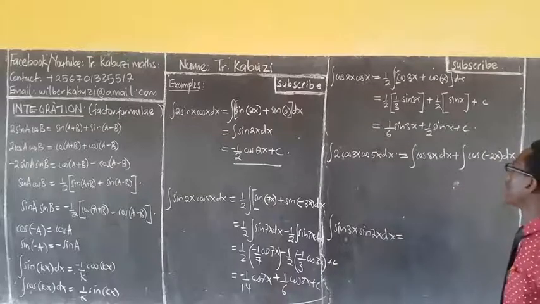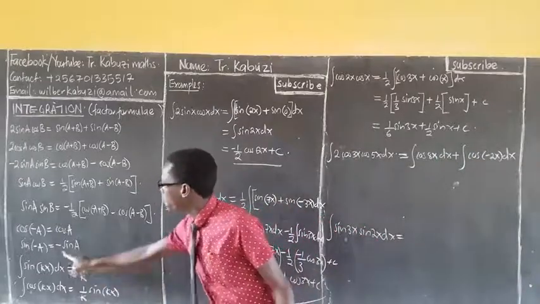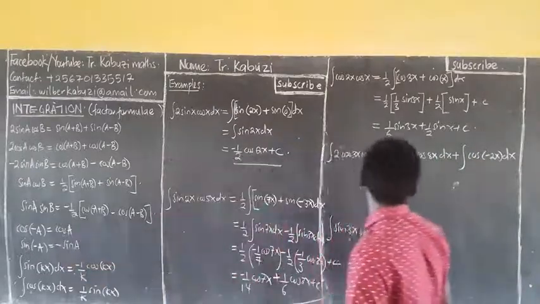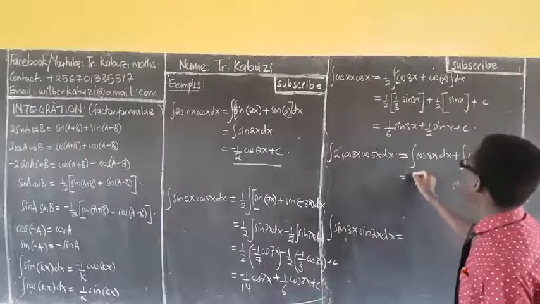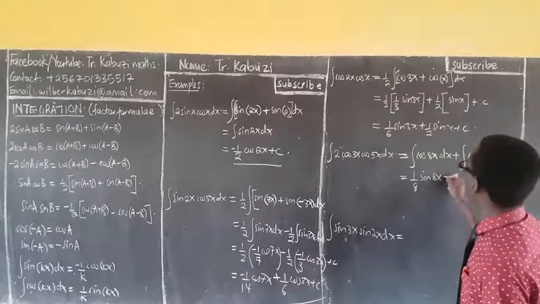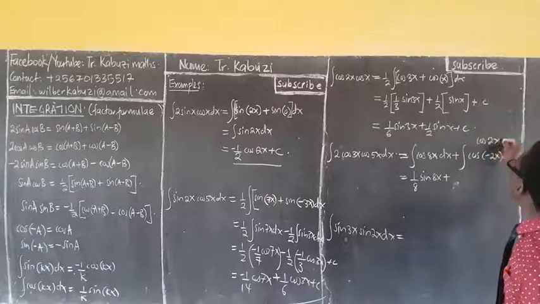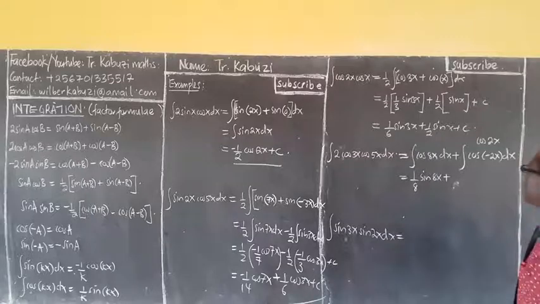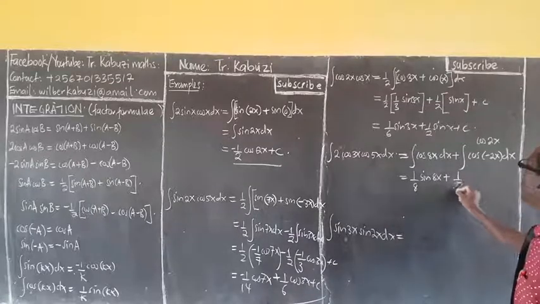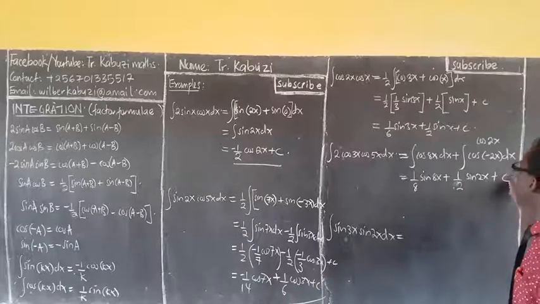But cos of a negative is the same as cos of a positive. So we integrate this to get 1 over 8 sine 8x, then plus the same as cos 2x, which will be 1 over 2 sine 2x, then plus c.